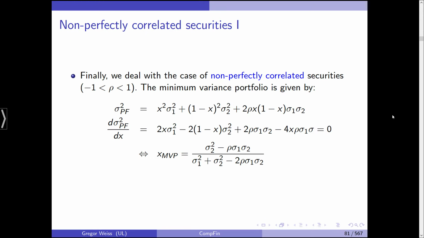And on the next slide, we deal with the case of non-perfectly correlated securities, so where we have a rho between 1 and -1.